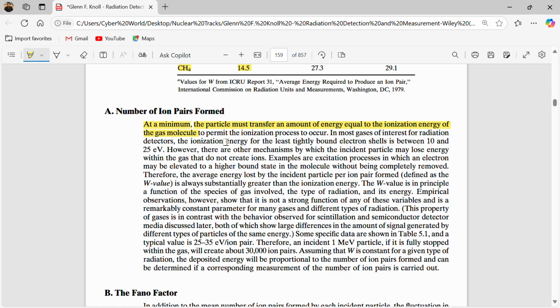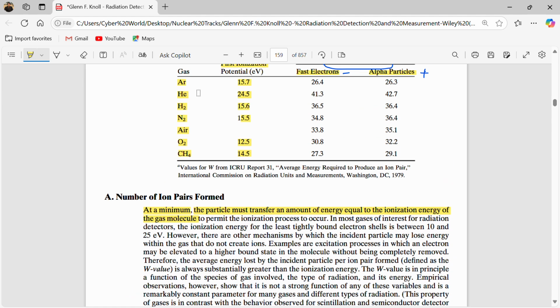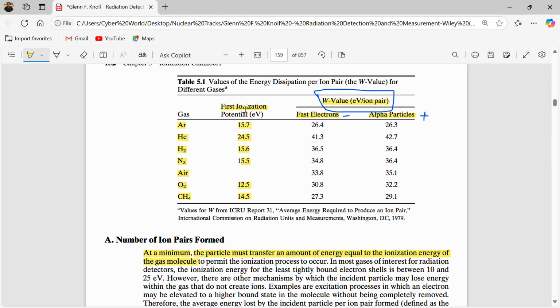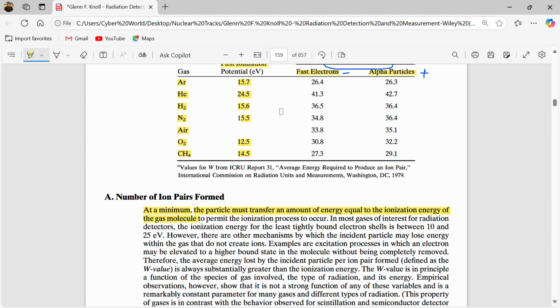Let's suppose we are using argon gas, and the ionization energy, meaning the energy to excite electrons of that gas, is 15.5. If my incoming charged particle has less energy than 15.5, definitely it is not going to ionize that gas. The particle must have energy greater than or equal to the ionization energy of the gas inside the chamber to permit the ionization process to occur.